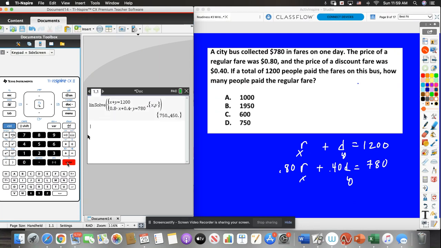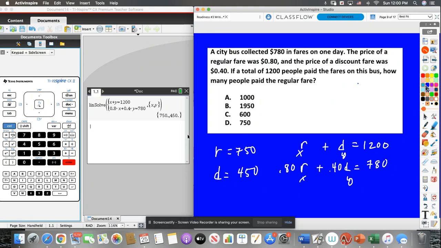Enter. So that means that X, which is the first value, which is R, is 750, and Y, which is D, the discounted fare, is 450. So it gave me X and Y, which is R and D, because X is R and D is Y.